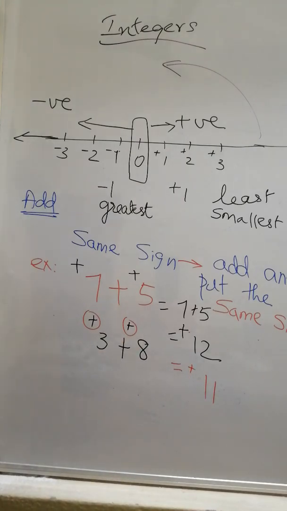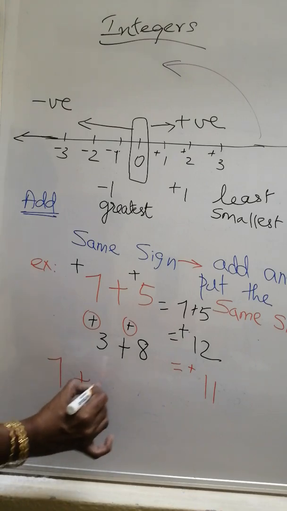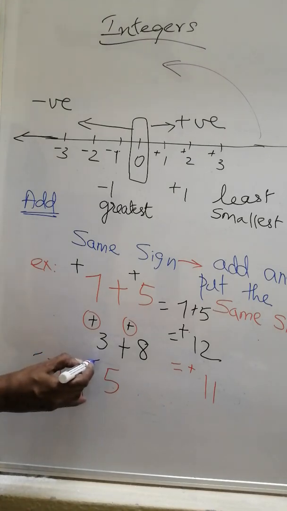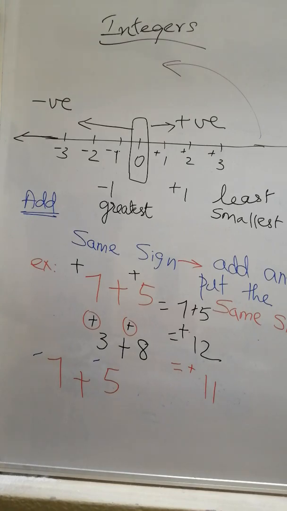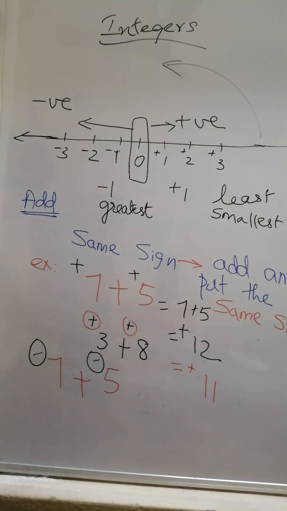In the same way, if these two numbers, that is 7 and 5, are both negative, add and put the same sign.